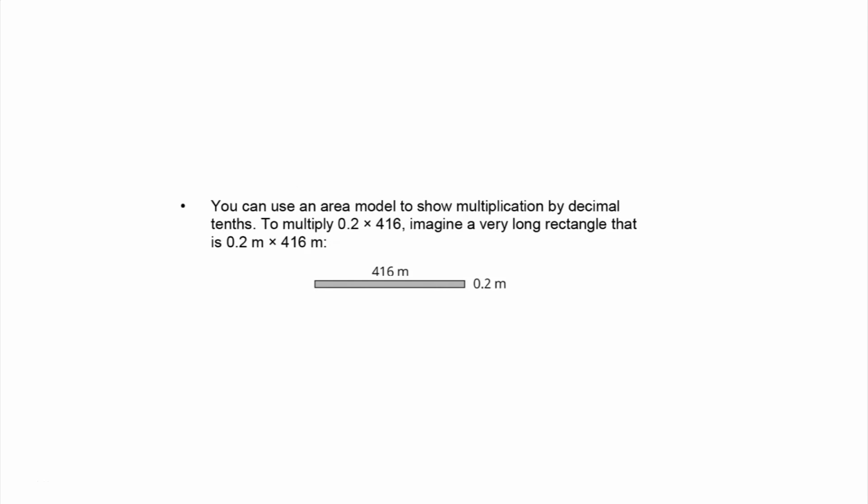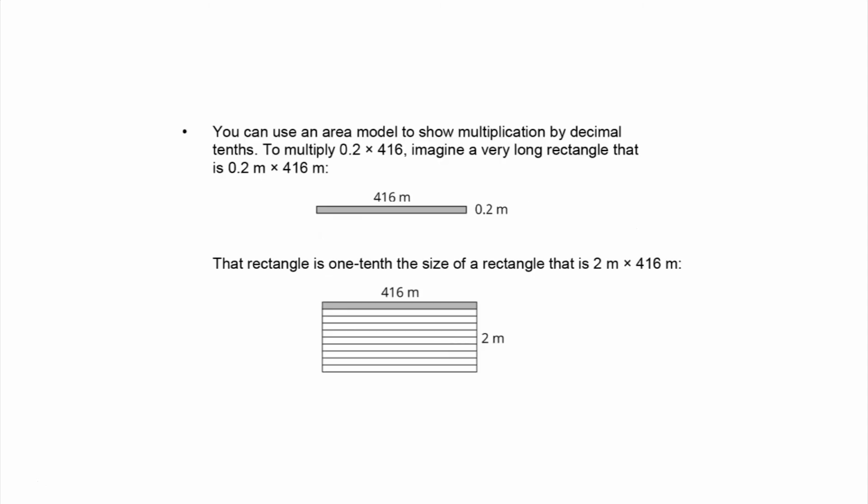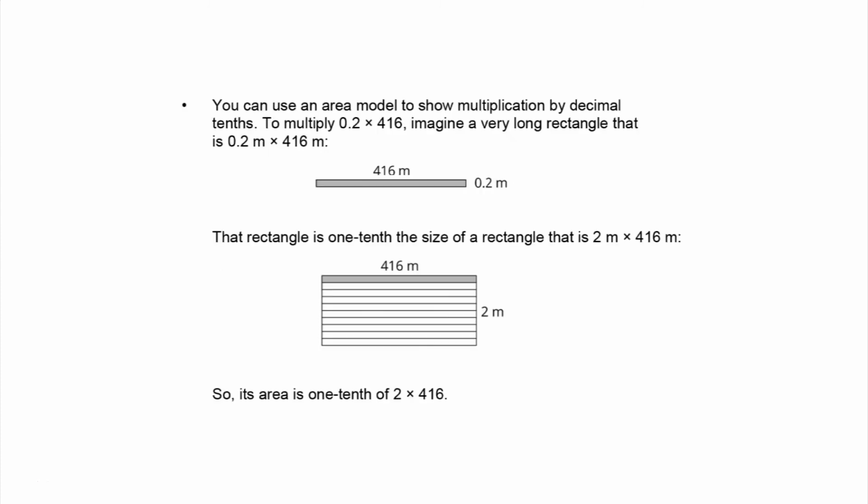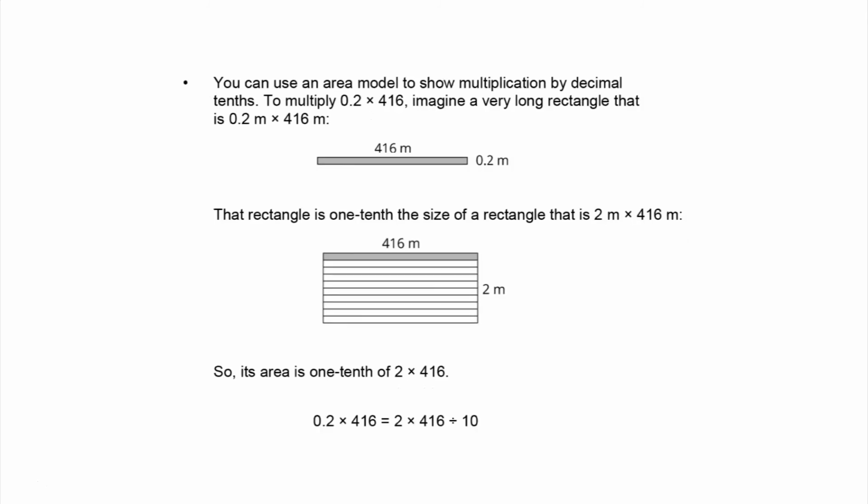You can use an area model to show multiplication by decimal tenths. To multiply 0.2 times 416, imagine a very long rectangle that is 0.2 meters by 416 meters. That rectangle is 1/10 the size of a rectangle that is 2 meters times 416 meters. So its area is 1/10 of 2 times 416.